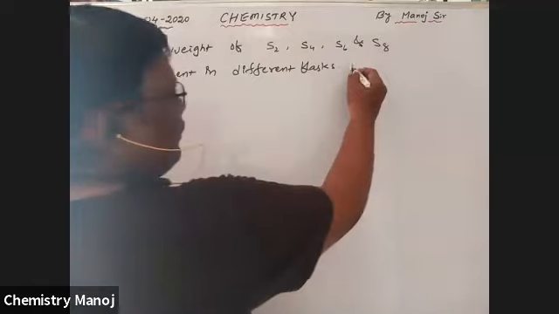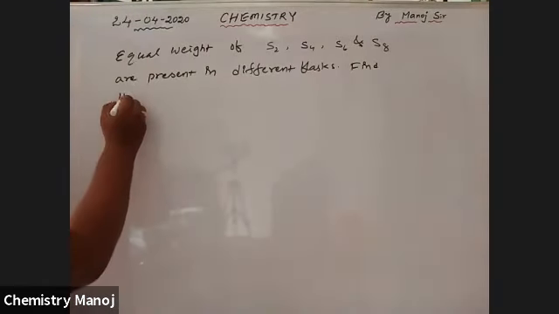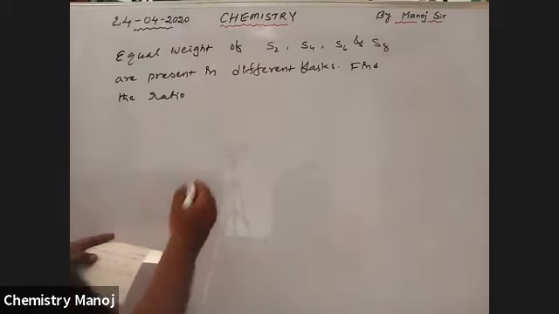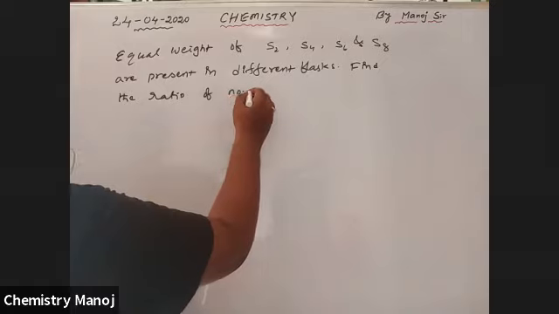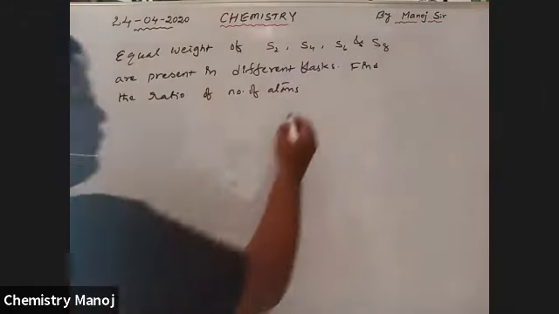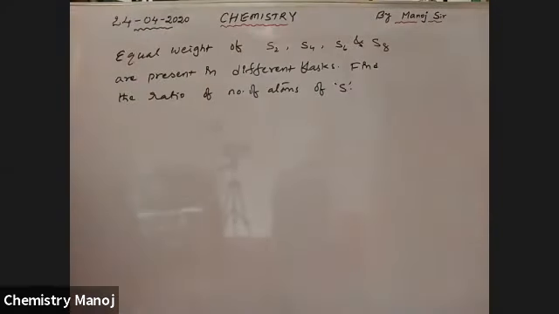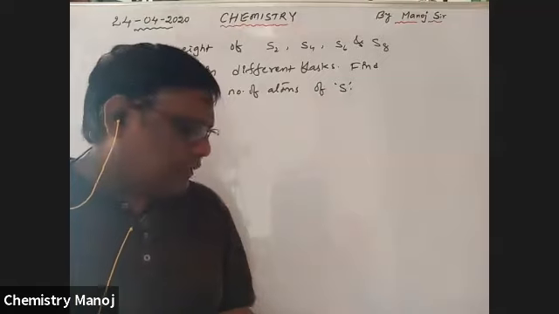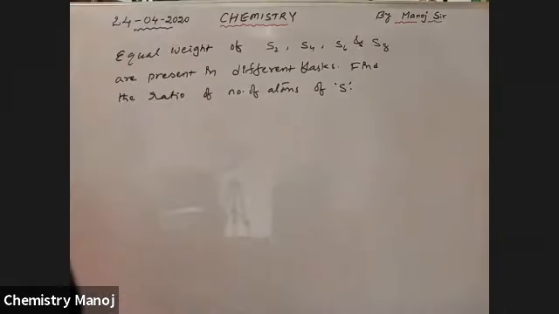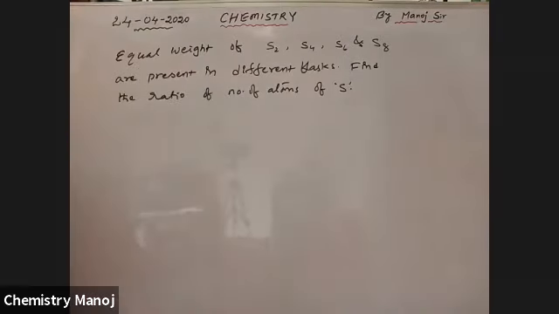Find the ratio of number of atoms of sulfur. Sorry, find the ratio of number of moles of sulfur in each flask. Give me the ratio.